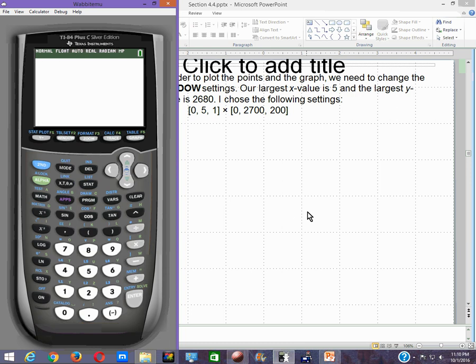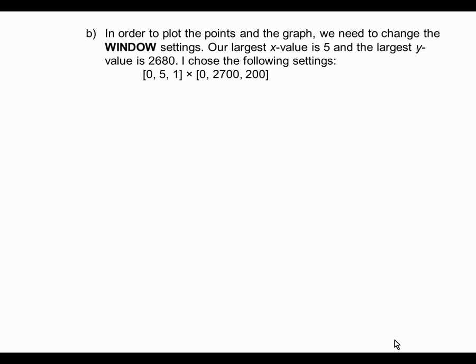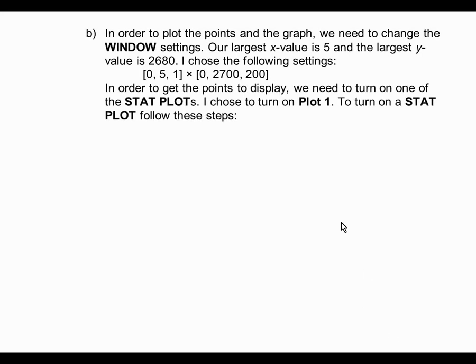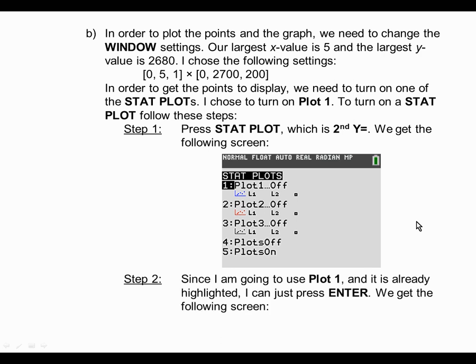Okay, now remember, we're doing a statistical plot, so to get caught up here, I'm going to need to turn on a stat plot. So I'm going to choose to turn on plot 1. So here are the steps to turn on a stat plot. You're going to press stat plot, which is the second of y equal. Okay, so 1 is already highlighted. So I just press enter, you get it turned on.